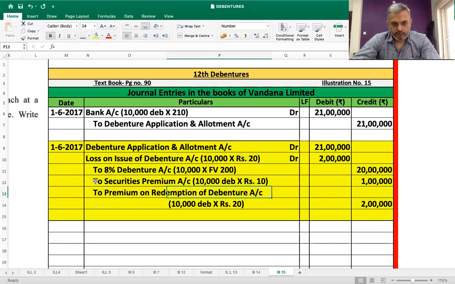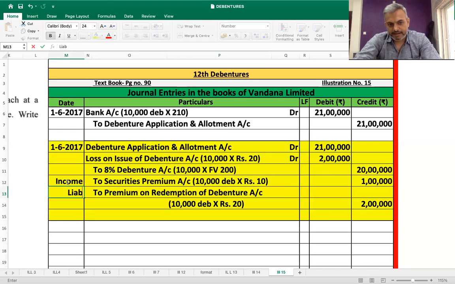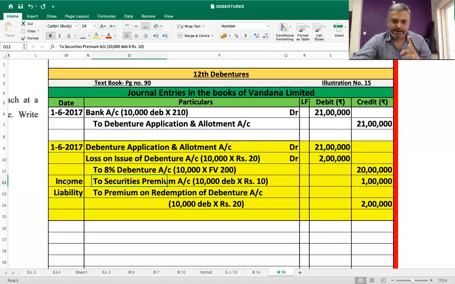Now over here you can see two securities premium accounts. This securities premium account is our income account, and premium on redemption is our liability account. So please be careful, both are not the same. Both are credit, both have the word premium, but the securities premium is our capital income, and premium on redemption is our liability.